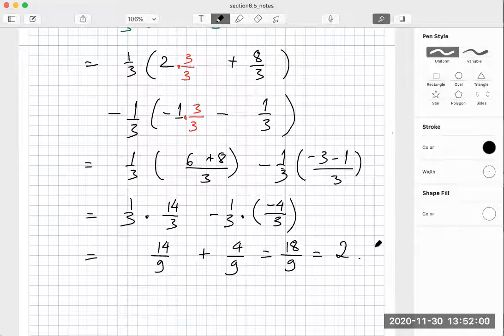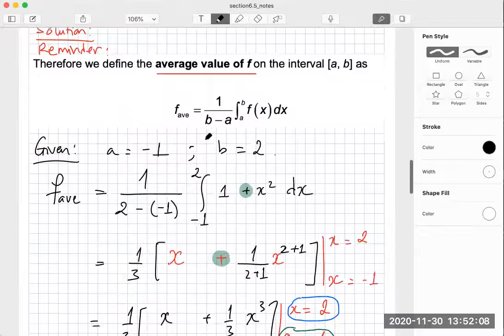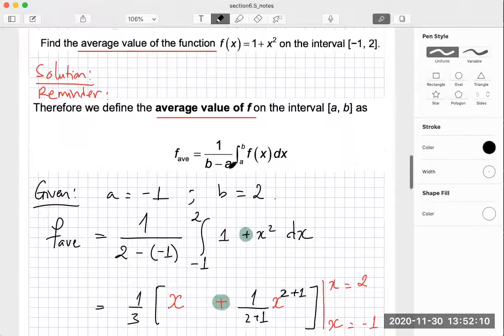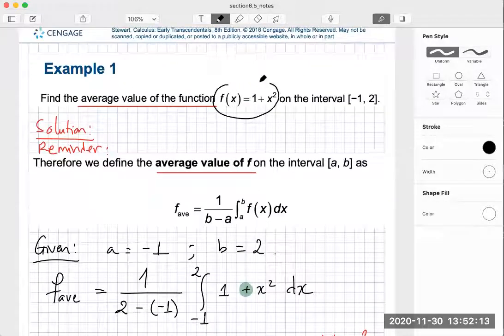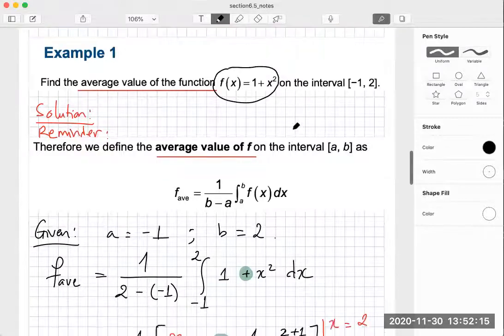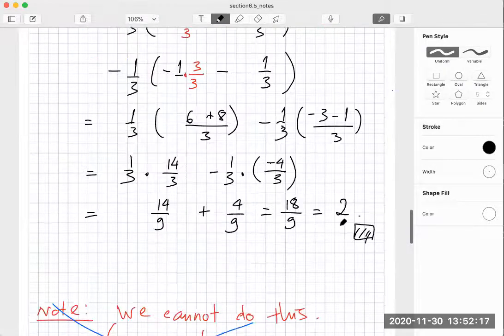So the answer for this is the average value of this original function. The average value is 2 here. Okay. Is it clear?